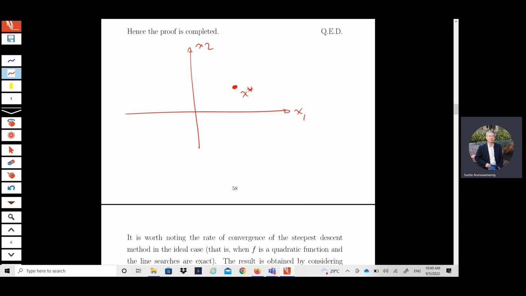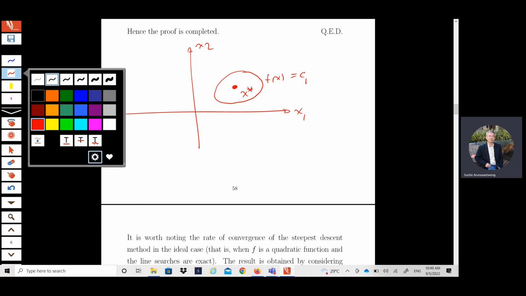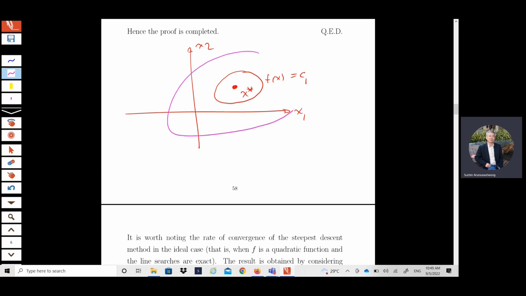The level sets represent closed contours on x1, x2. This one is f(x) equals c1, for example, and we have another one, which is f(x) equals c2, where c2 is greater than c1.